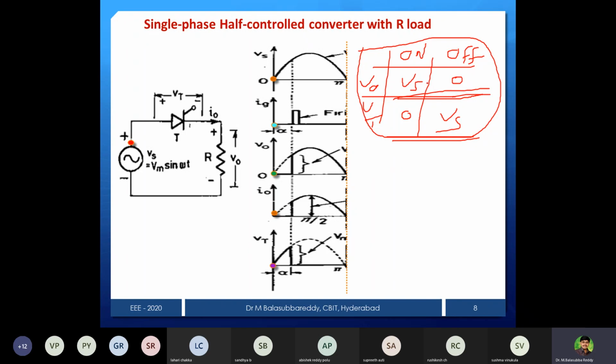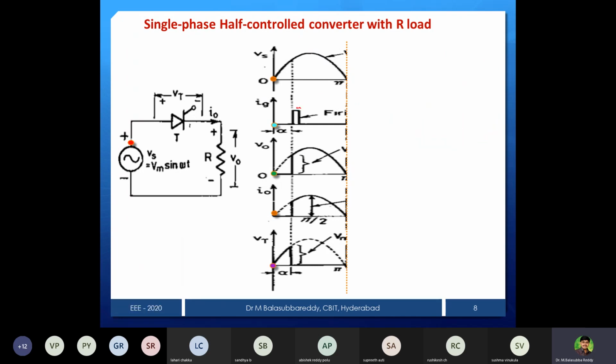Apply this logic, whether it is on or off, and identify that. Now I give a firing pulse at some angle alpha. Whenever the firing pulse is given, immediately the thyristor starts conducting. Now you can see here I am applying a firing angle of 30 degrees or 20 degrees. Then the device starts conducting and the output will be the same as the source. Now we can notice what will happen to the current.